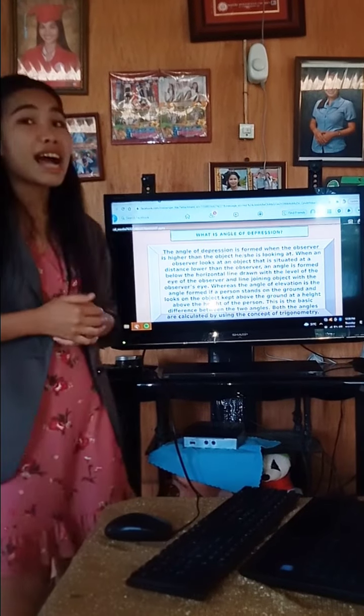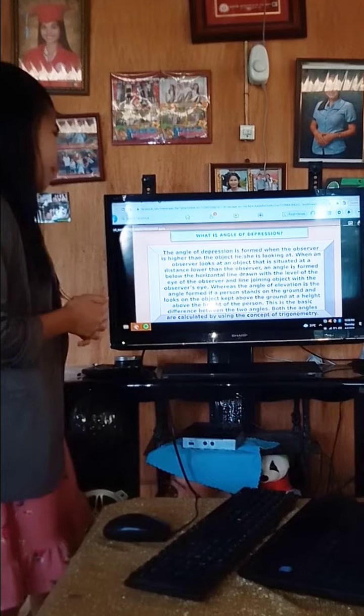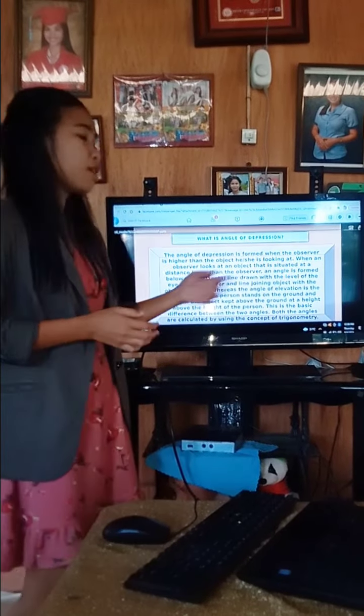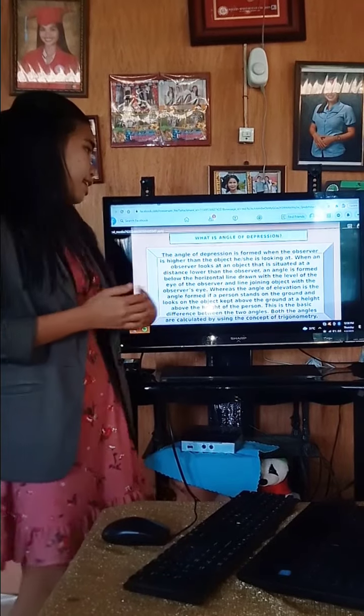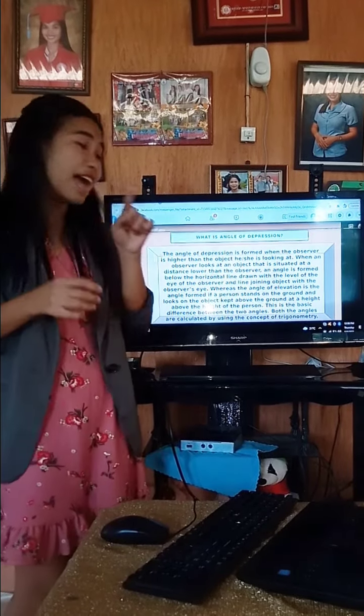And what about the angle of depression? The angle of depression is for when the observer is higher than the object he or she is looking at.